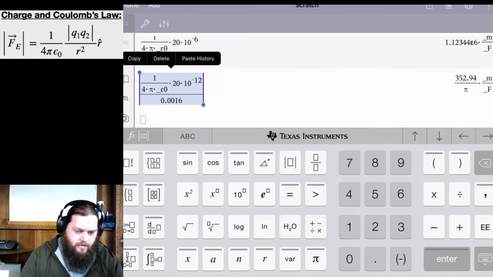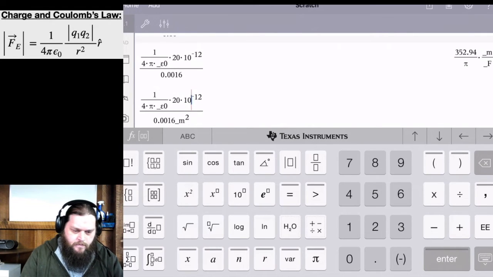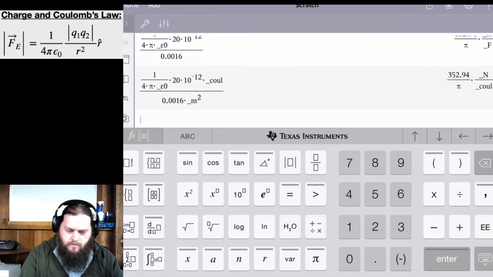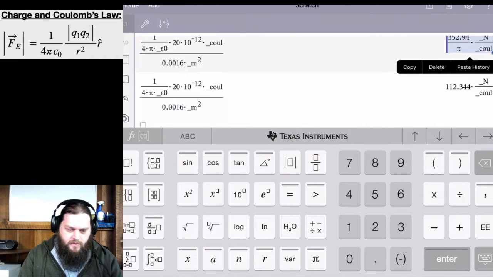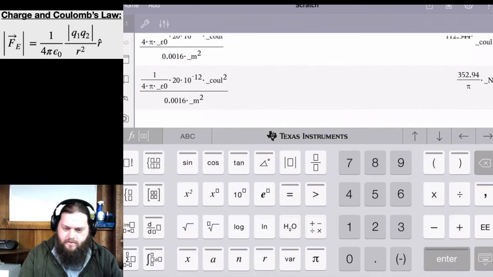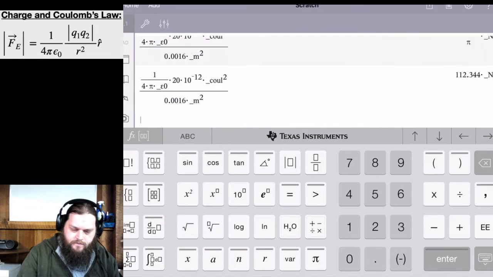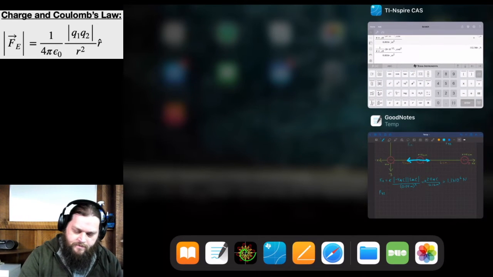And here I'll put values in here. And that should be coulomb squared. Of course, that looks a little bit better. So 112 newtons is what we're getting there.